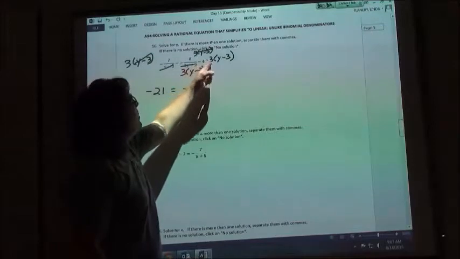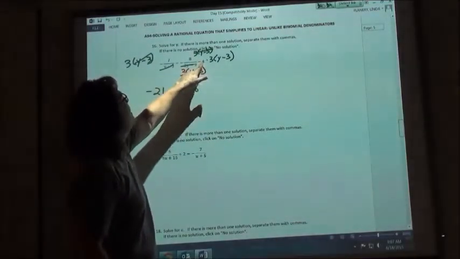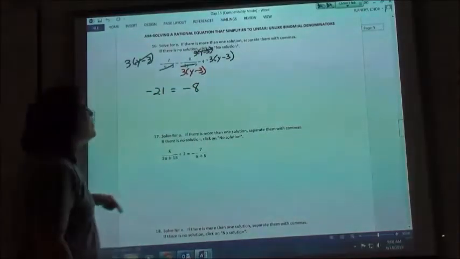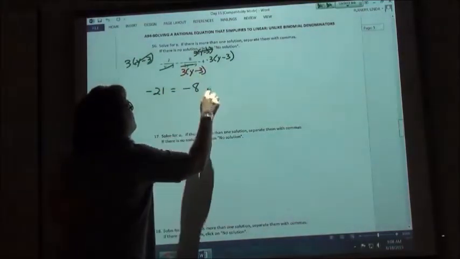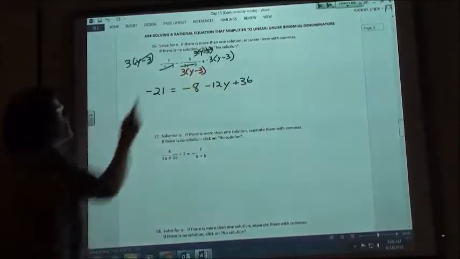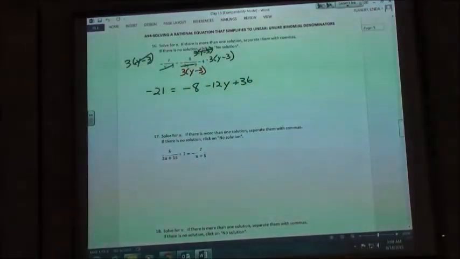Here, I'm going to multiply this out. I actually just look at this one, because if I multiplied that back out, it'd still be 3y minus 9, so I would have minus 12y and a positive 36 when I take that negative 4 times that denominator down there. You could take the negative 4 times the 3 and then multiply negative 12 times your parentheses. You get the same thing.